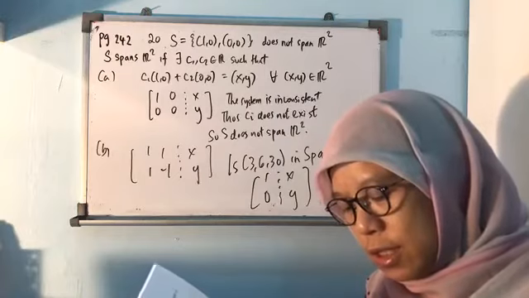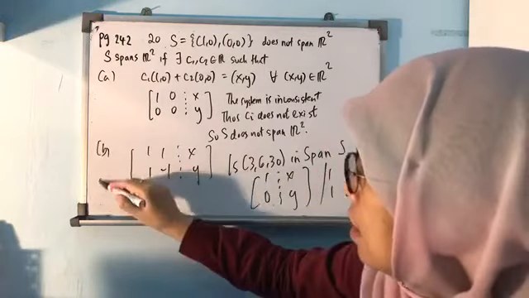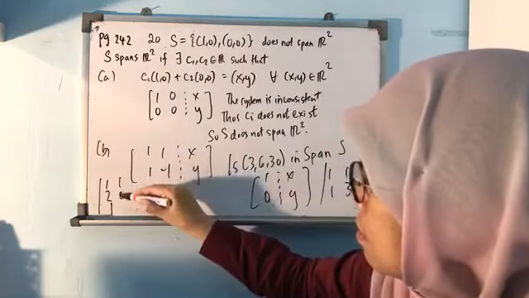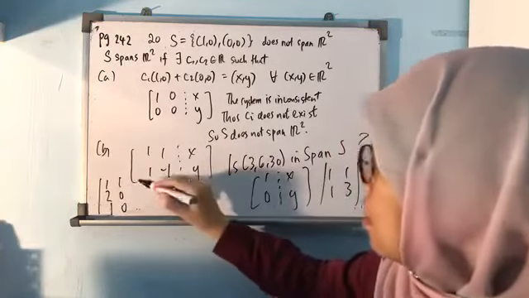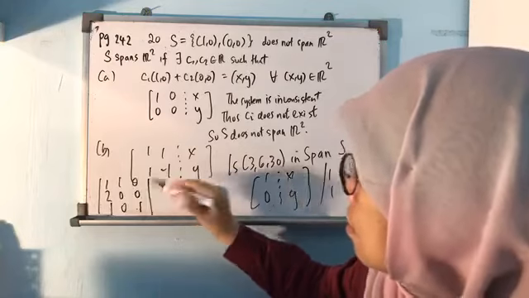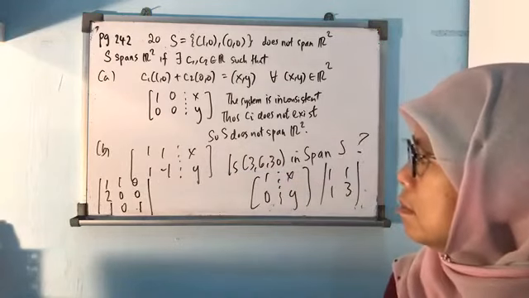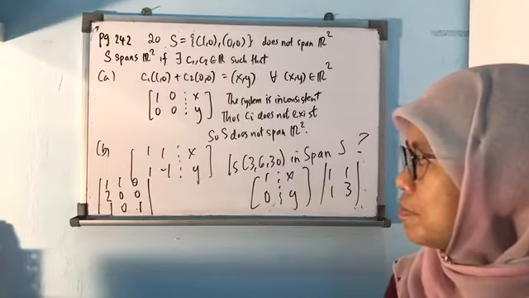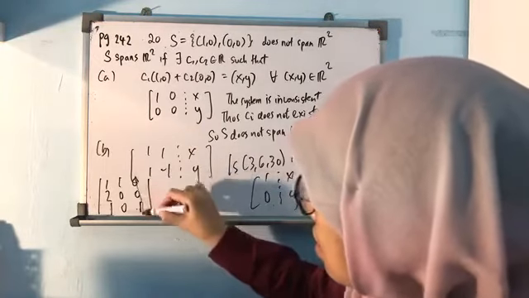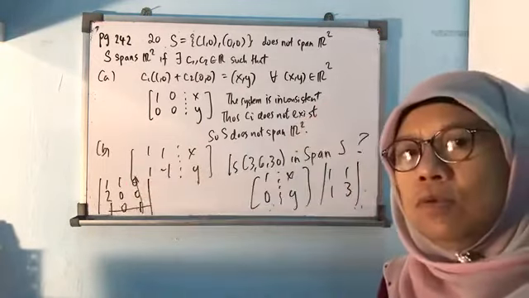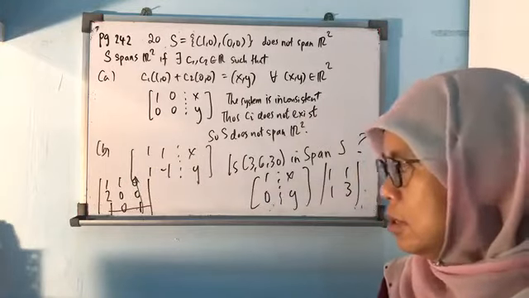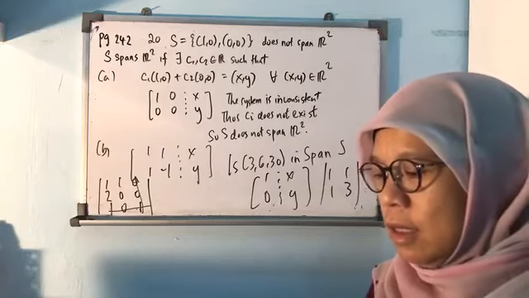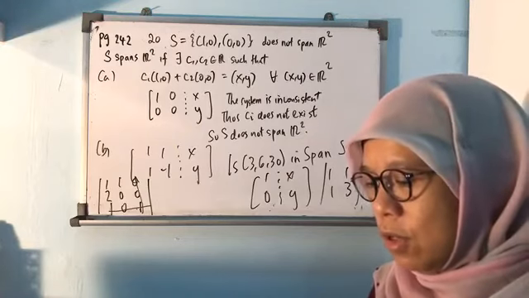The last one, I can see it from here. The determinant is not 0, so this one, yes, spans. Okay, and then you can start now number 24.